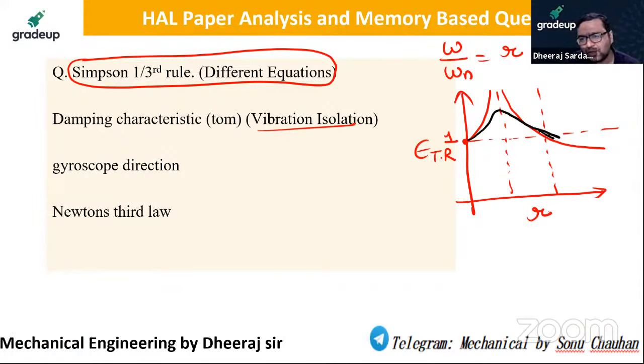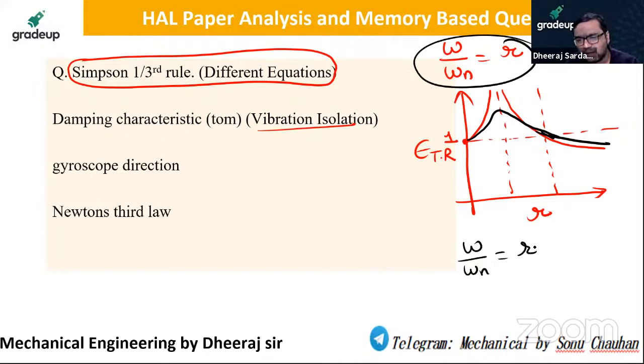So when you make this curve, they were asking related to this value, omega by omega n, which equals R, whether it should be more than root 2, as this value is root 2 and this value is 1, or less than root 2, or equal to root 2.